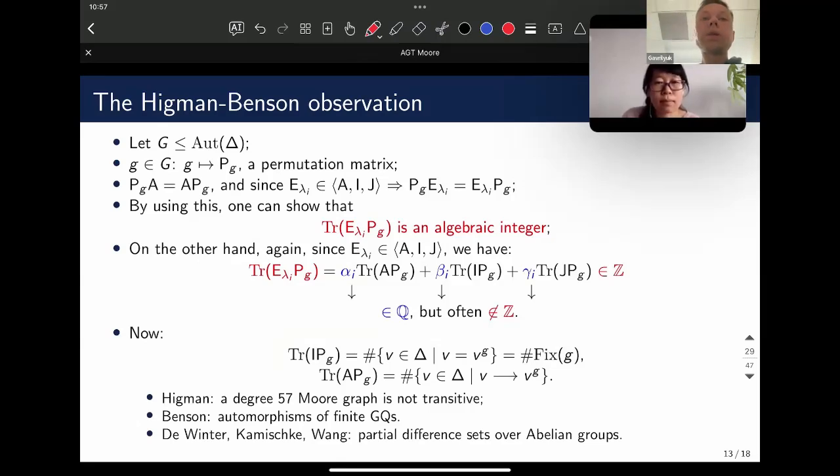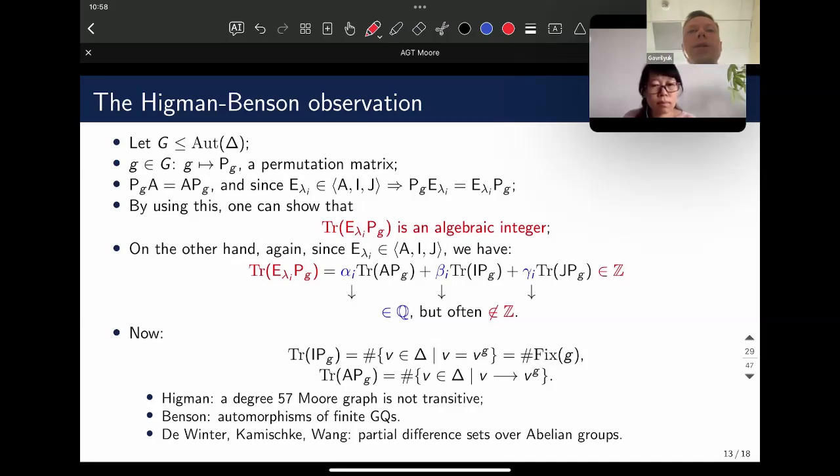Okay, so now this is what we called the Higman-Benson observation, because it was first used by Higman, I think, in his proof that a degree 57 Moore graph, a putative Moore graph, cannot be vertex transitive. And also it was used by Benson, who studied automorphisms of finite generalized quadrangles by using this observation.